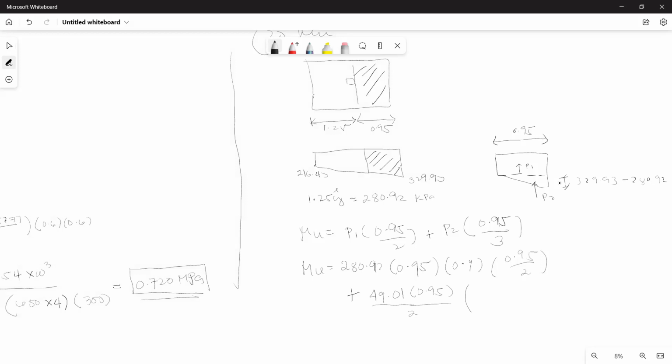Multiplied mo by the length away from your screen which is 0.9 meters. Multiplied by the 0.95 over 3. Therefore, you will arrive to 127.35 kilonewton meter. Okay, so that is your final answer.